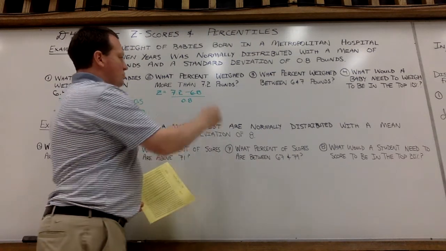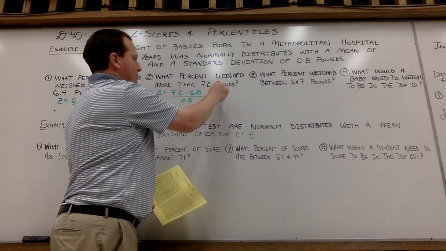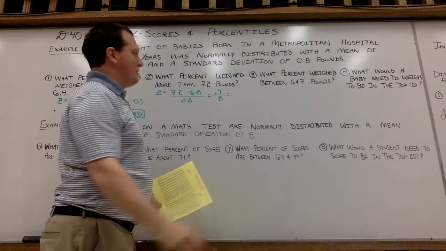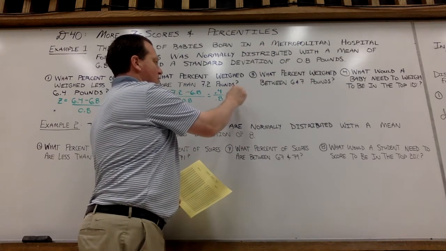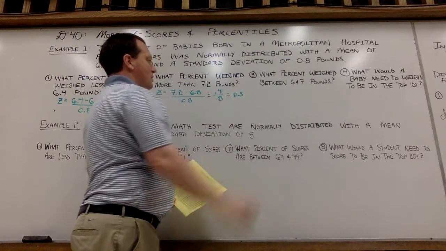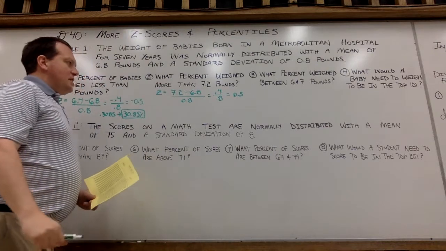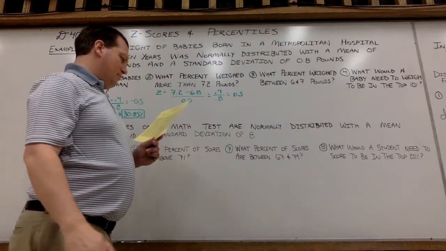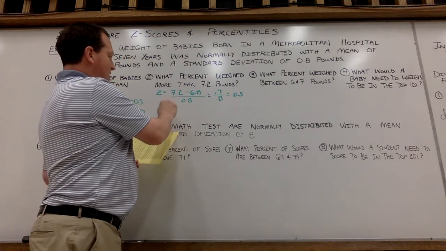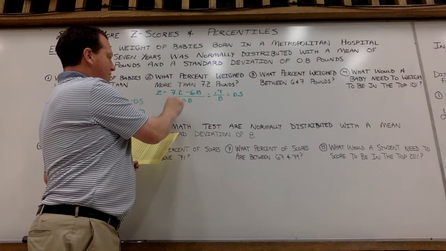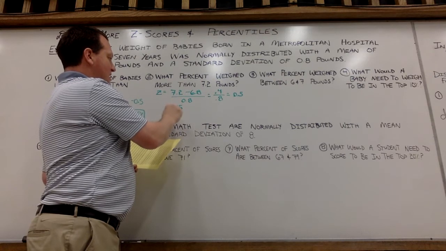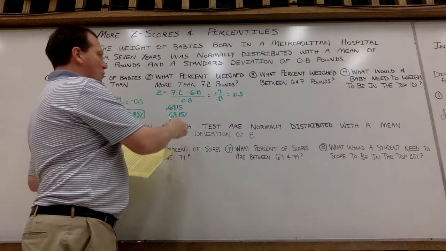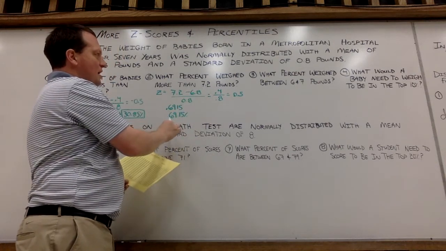Well, 7.2 minus 6.8 is 0.4 divided by 0.8. That would be positive 0.5. So my z-score of positive 0.5 would be 0.6915. So 69.15%, remember, of babies would weigh below 7.2 pounds.